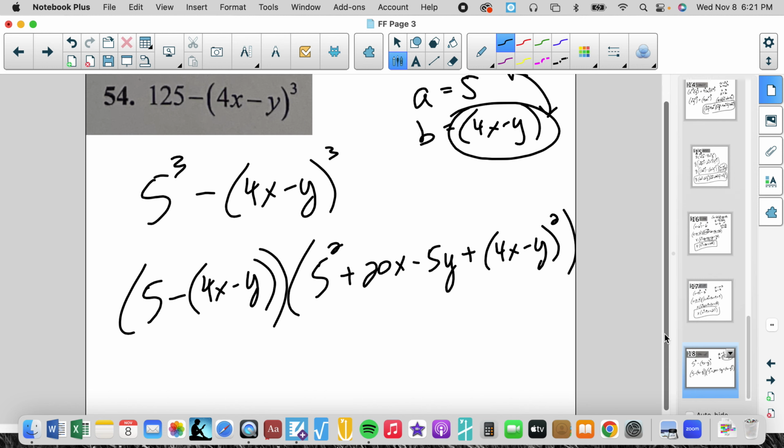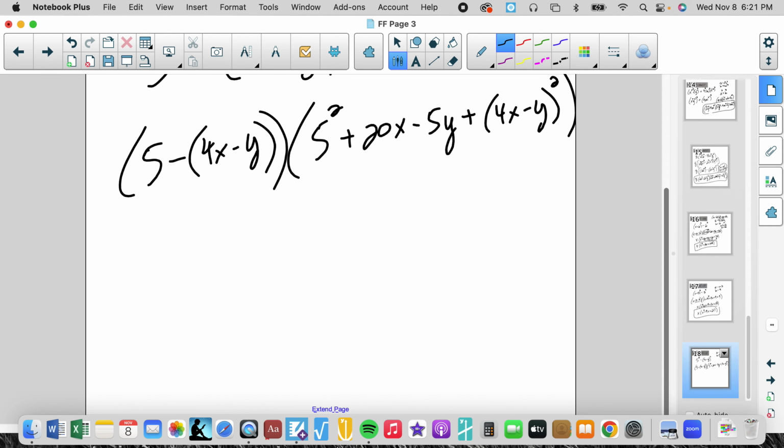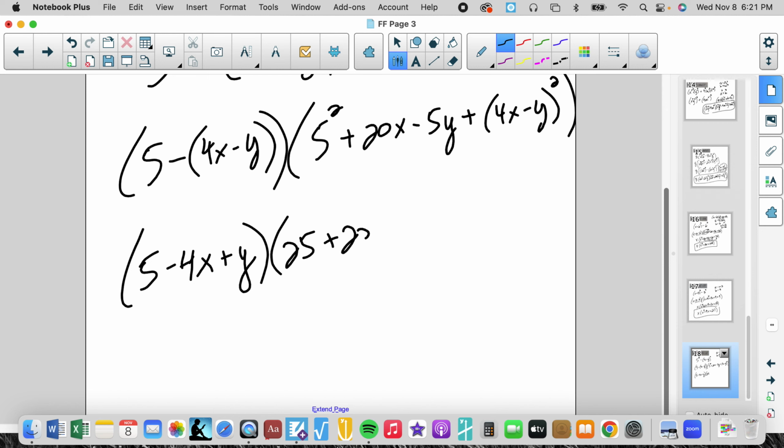So let's do some simplification. We have 5 minus 4x plus y. 5 squared is 25, plus 20x minus 5y. And now let's do 4x minus y quantity squared. That's going to be 16x squared. Let's do 4x times negative y and double it.